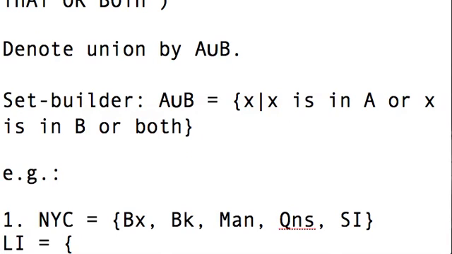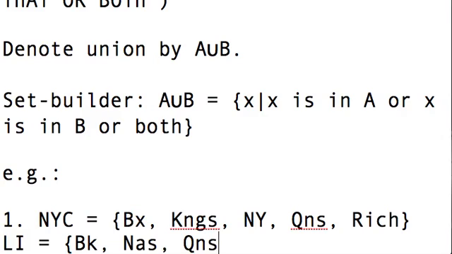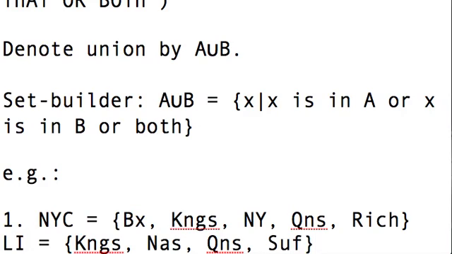My sister was visiting New York this weekend, and she didn't actually realize that Brooklyn is part of Long Island. If I'm going to call them by their counties, let me at least call them by the right names: Kings, New York County, Queens, and Richmond County. So Brooklyn is Kings County, and that is part of Long Island, along with Nassau County, Queens County, and Suffolk County. Okay.